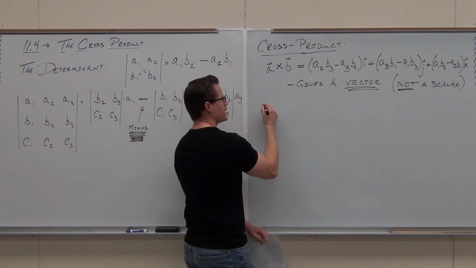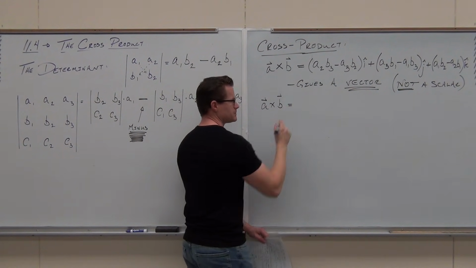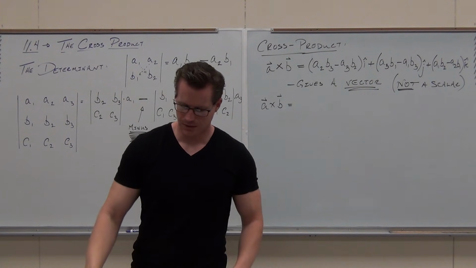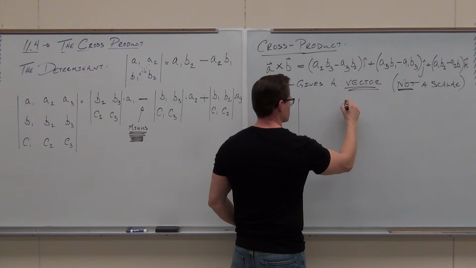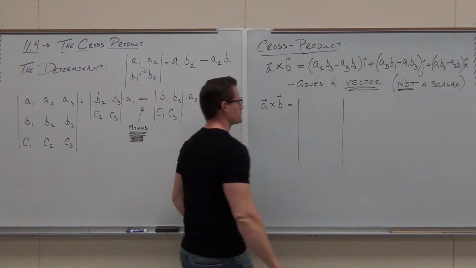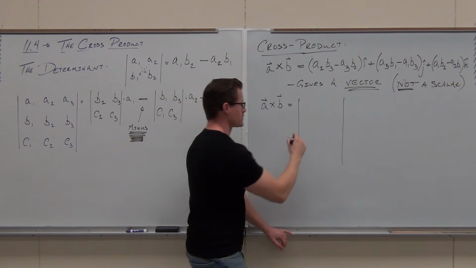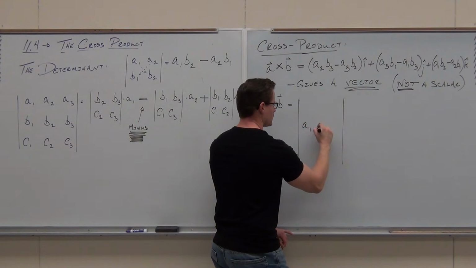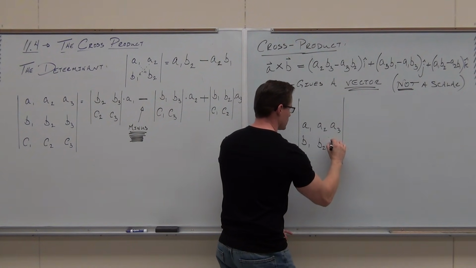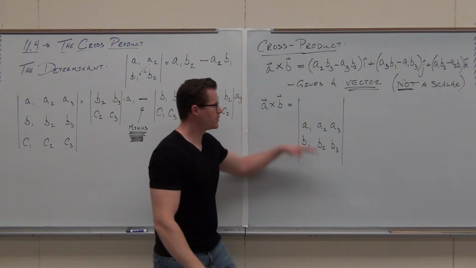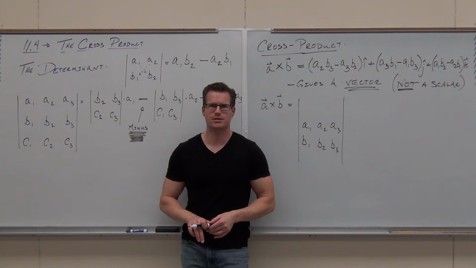So if I wanted to find another way to do this, check this out. This is pretty cool. If we take the components of our vectors like that, and we put them on the second and third row respectively, and you're going to ask me this later, does the order matter?